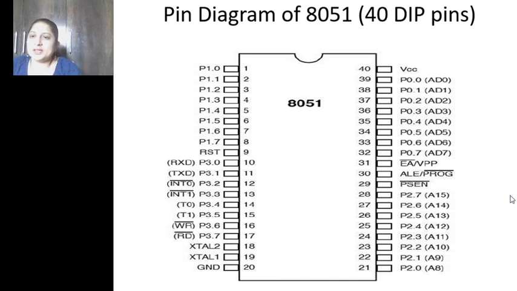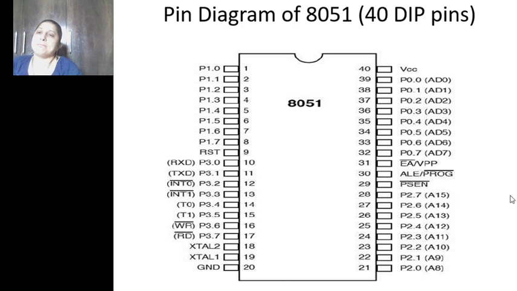Pin number 21 to pin number 28, which we can use as port 2 input output pins. But other than this, we can use the same pins as address lines A8 to A15, that is the high order 8 bits of the address lines, because in 8051 we have in total 16-bit address lines and 8-bit data lines.